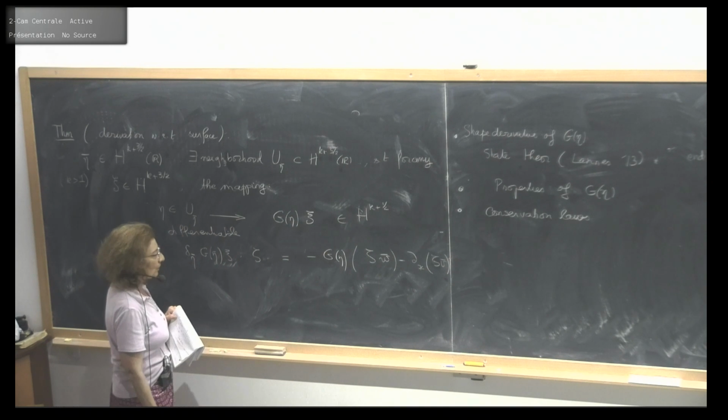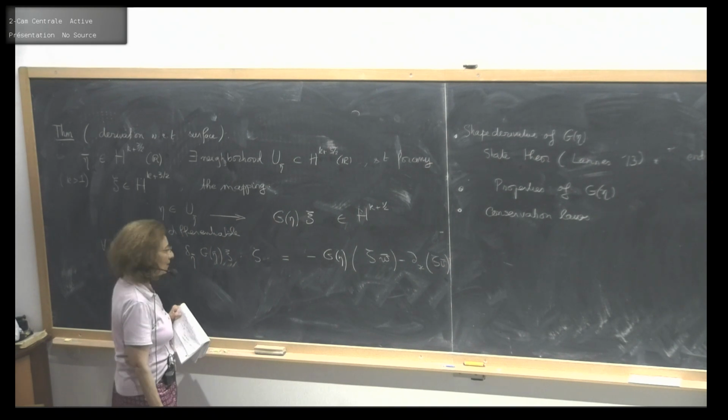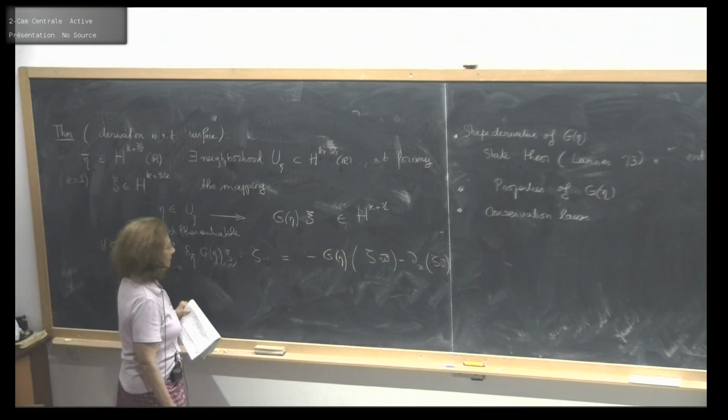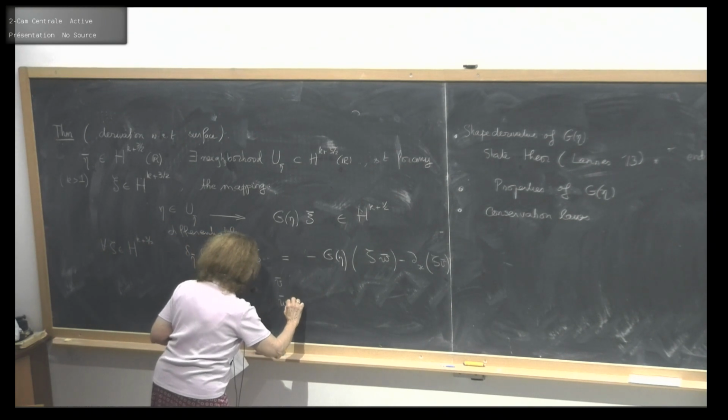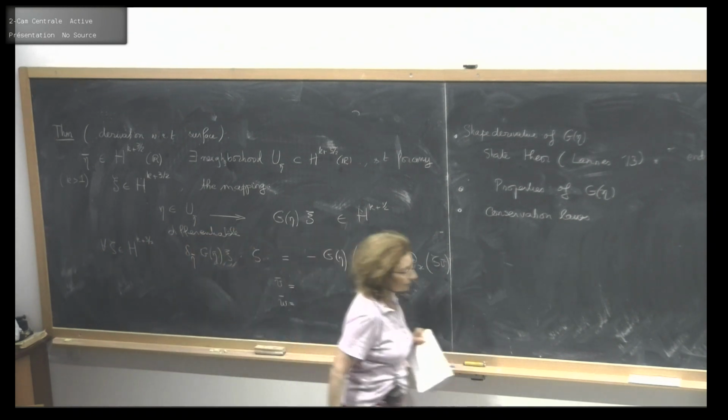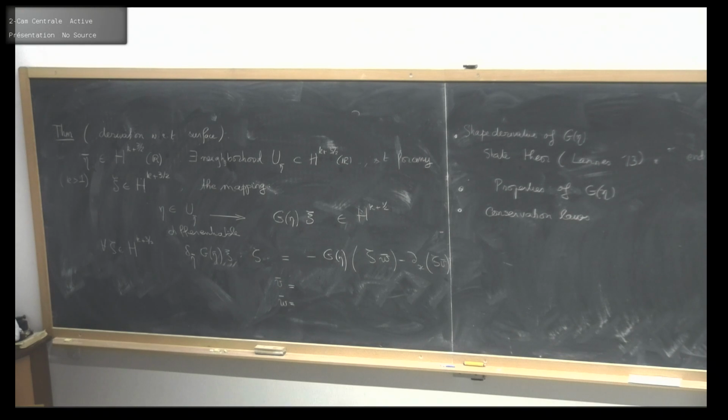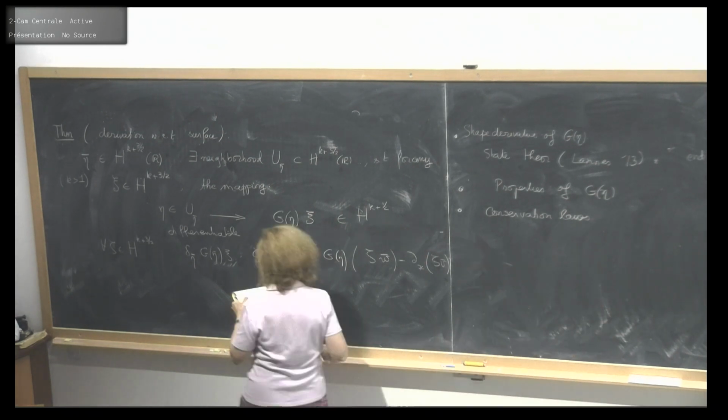Where v bar and w bar are given by the formula here, where we have replaced eta by eta bar and kept xi. The xi is chosen, so we don't touch xi.